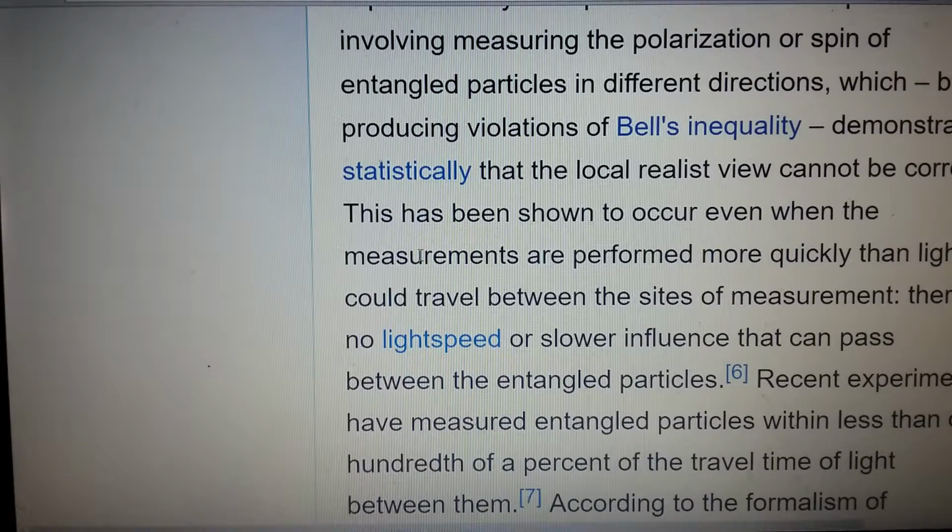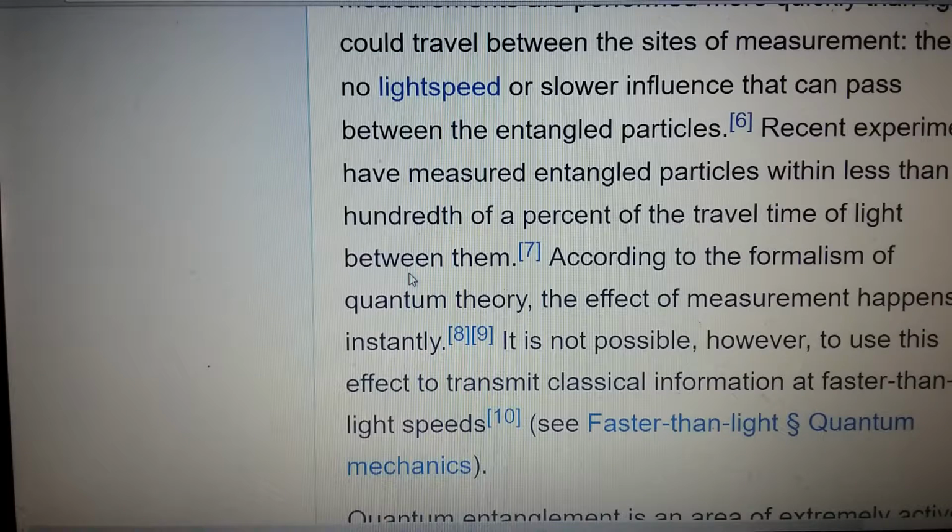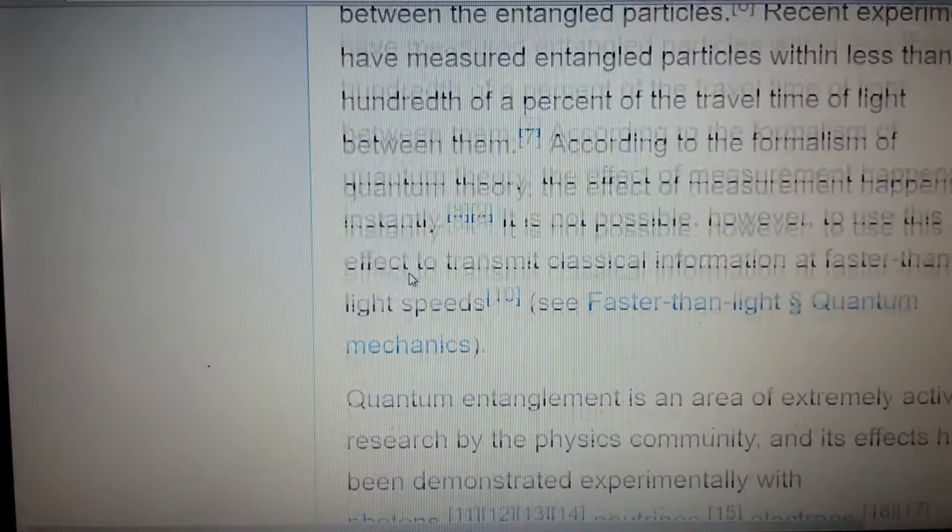There is no light speed or slower influence that can pass between the entangled particles. Recent experiments have measured entangled particles within less than 1/100% of the travel time of light between them. According to the formalism of quantum theory, the effect of measurement happens instantly. It is not possible, however, to use this effect to transmit classical information at faster than light speeds.